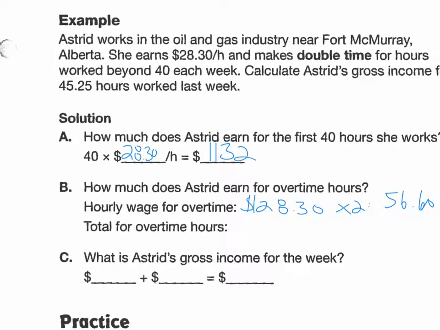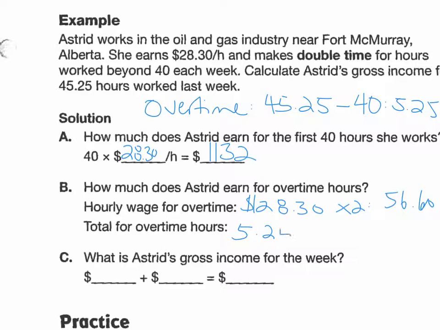So her overtime hours would be the 45.25 minus 40 hours, which gives us 5.25 hours. So the 5.25 hours multiplied by the overtime wage will give us $297.15.